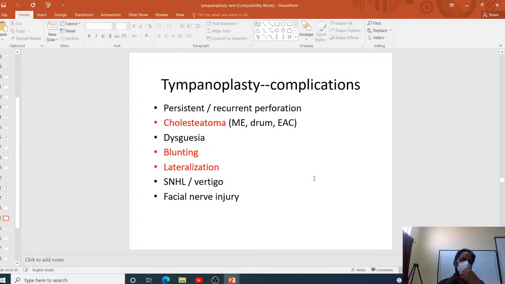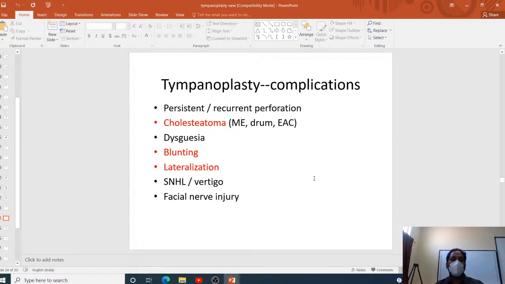So what are the complications of tympanoplasty? Persistent or recurrent perforation. Sometimes even when you operate the case, again it can become a failure. Again the patient will complain of ear discharge, or again the sign will be a perforated tympanic membrane. That is recurrent perforation or persistent ear discharge.